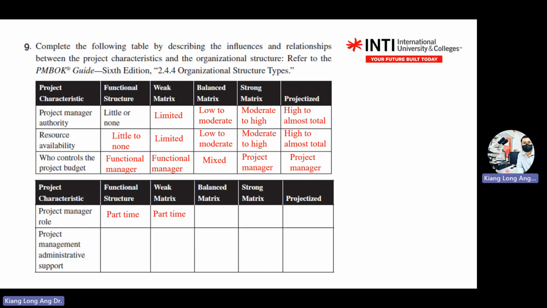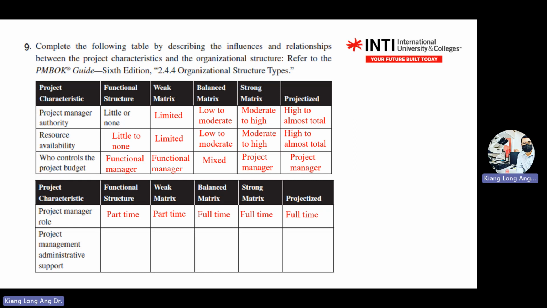Balanced, well balanced, means equal already, so equal means full time already. Equal means you have a fixed position in the organization chart already. Then towards the right end, full time. I hope it will strengthen your understanding of the project manager and functional units in project management.